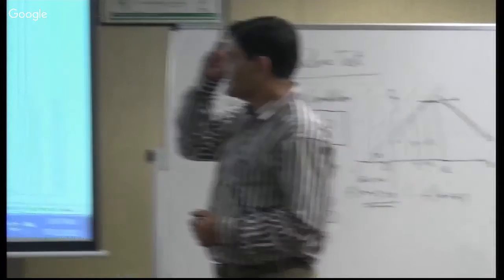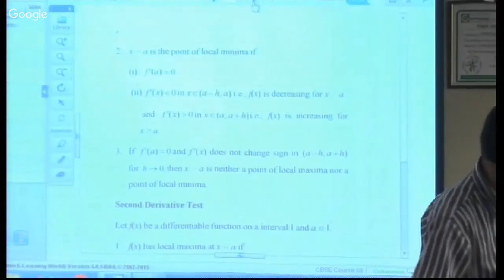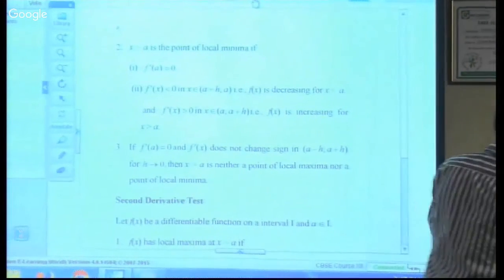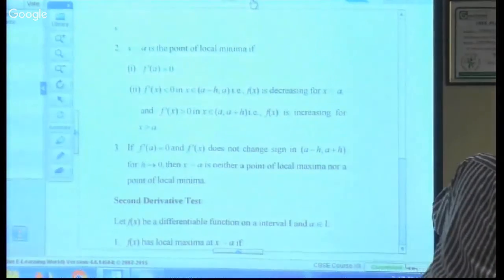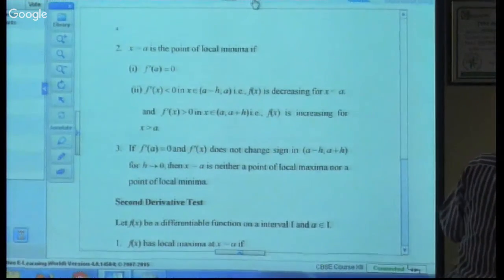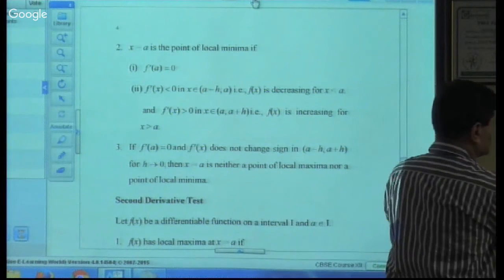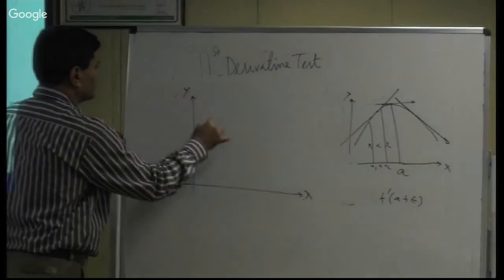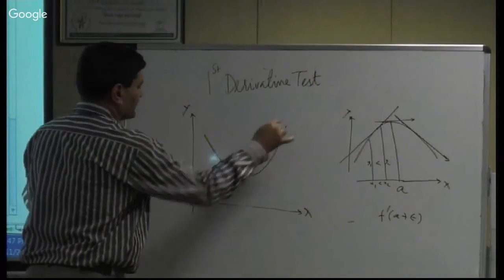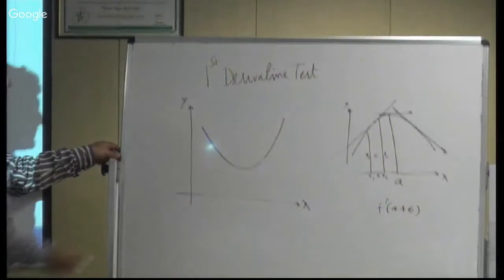Now similarly you can find out when x equal to a is a point of local minima. See, in case of local minima, what is happening? This is the x-axis, this is the y-axis. This is a function y equal to f of x.